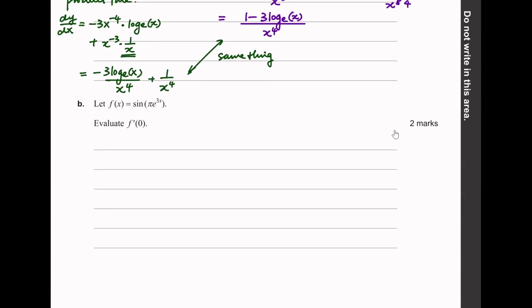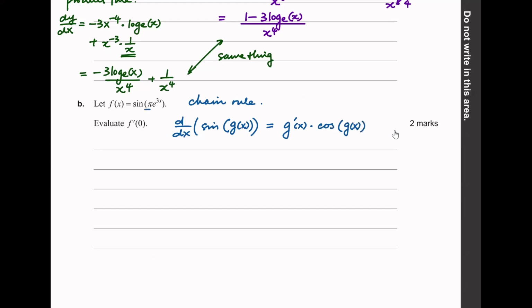f of x is sine of pi e to the power 3x. Evaluate f dash 0. Chain rule. You might want to say, okay, the derivative of sine g of x, if g of x is differentiable, is equal to the derivative of the inside times the derivative of the outside. So the derivative of sine is cosine, and the inner function is still g of x, okay?